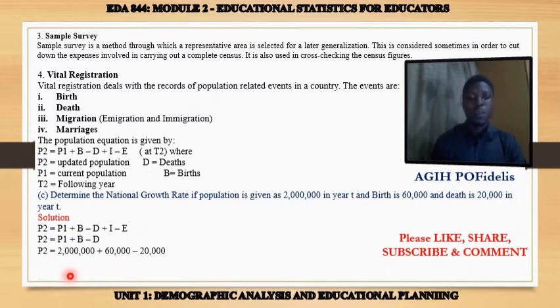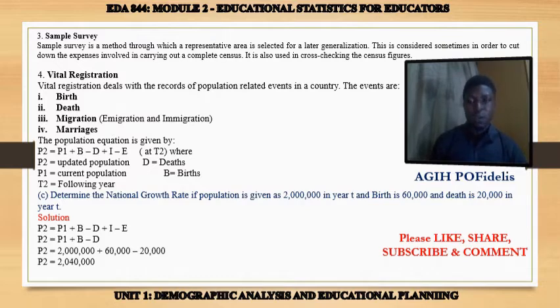The updated population now will be equal to the current population, which is given to us as 2 million, plus the birth 60,000 minus the death, which is 20,000, and this gives the updated population to be 2,040,000.